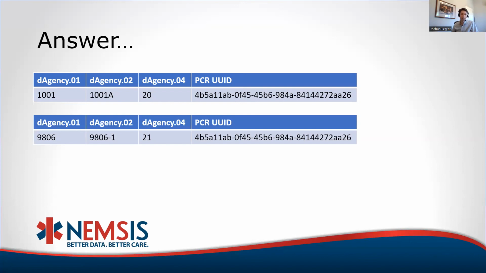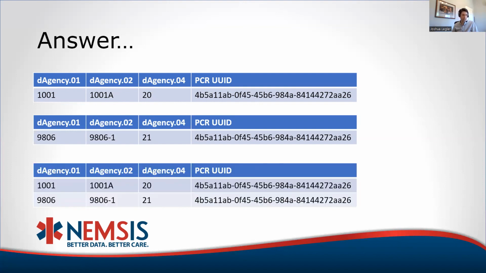The PCR UUID is the same, but this is seen in the national database as 2 PCRs because the total key here is different. It's a different agency number in a different state. So the national database will have 2 records. But what's interesting here is that both of those PCRs will in fact have the same UUID.